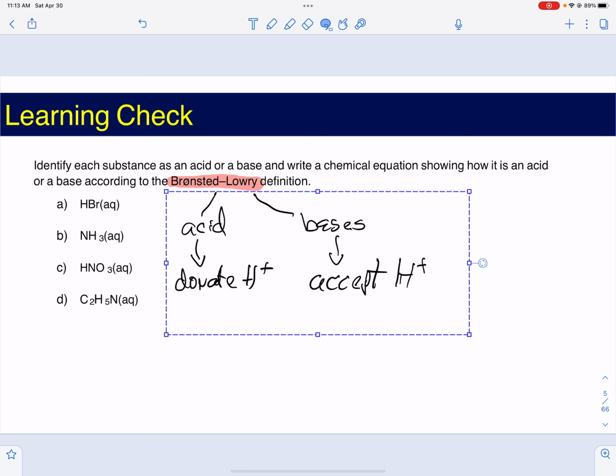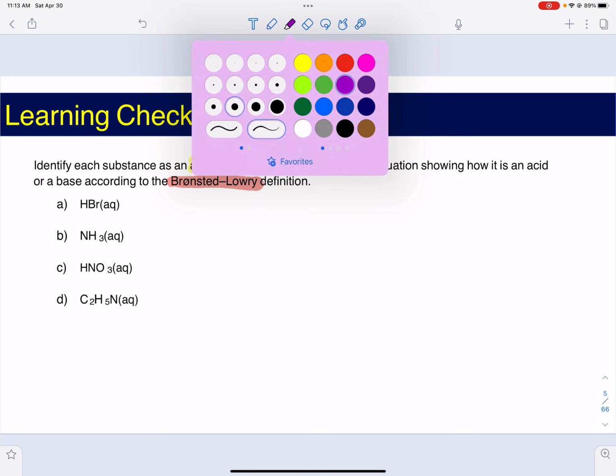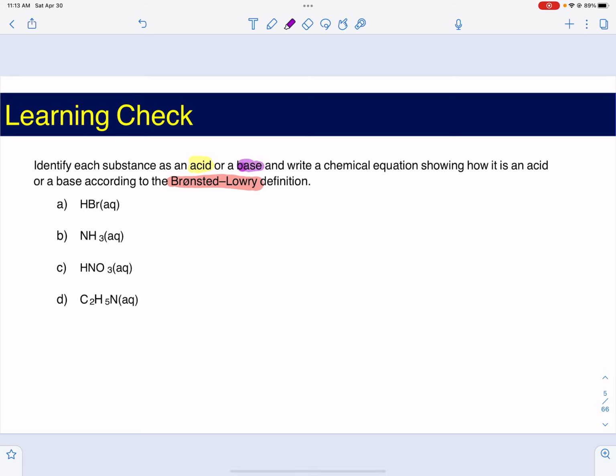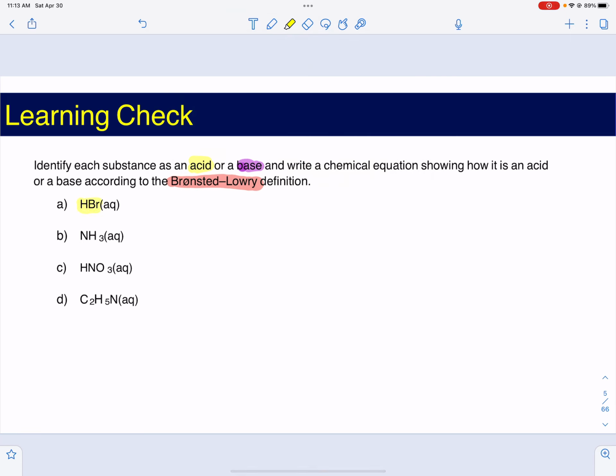So let's do that again. Identify each substance as an acid or as a base. So once more, my acids are going to be easy. They begin with H. The bases, I cannot look for hydroxide anymore because this is the Bronsted-Lowry.